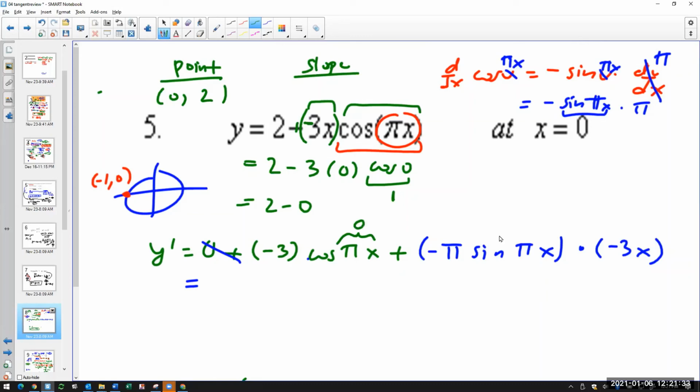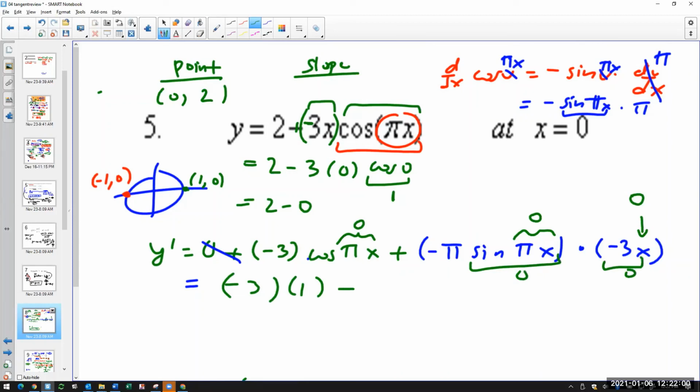So this is 0, this right here is 0, and this is negative 3x, so this is a 0. Okay, so what I have here is negative 3 times the cosine of 0. Here's the 0 value here. So the cosine of 0 is 1. Okay, this right here is just, sine of 0 is 0, and then this right here is 0. Okay, so then all I get here is negative 3.